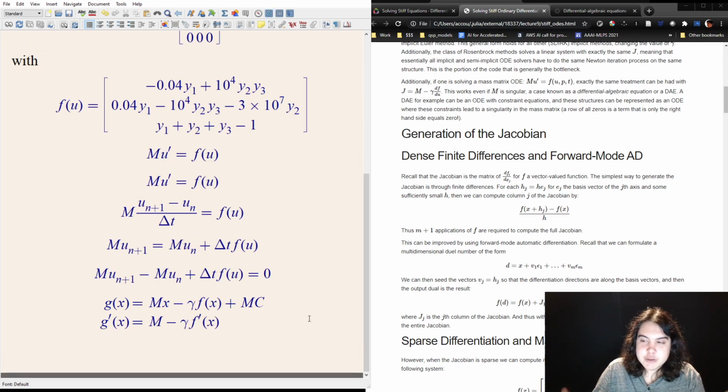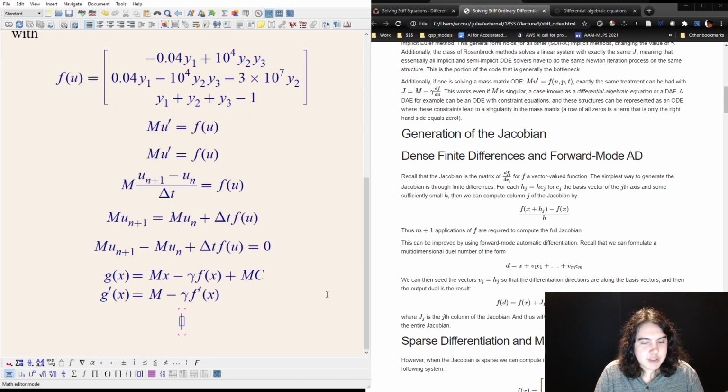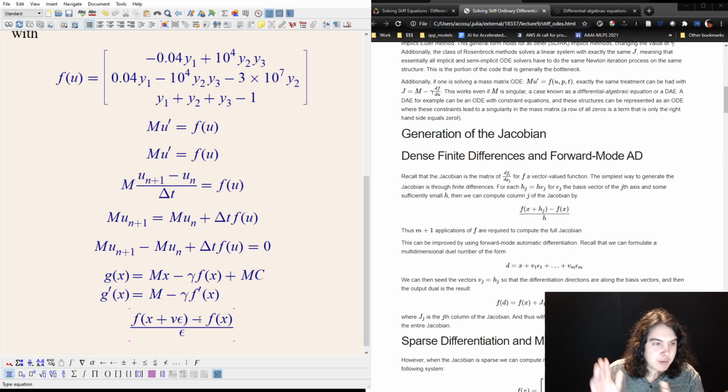You can use a finite difference method, which is essentially f of x plus v epsilon, where f is a vector function. So you have a scalar and you have a vector, where this vector is the direction, minus f of x, divided by epsilon, which will give you the directional derivative in the v direction.